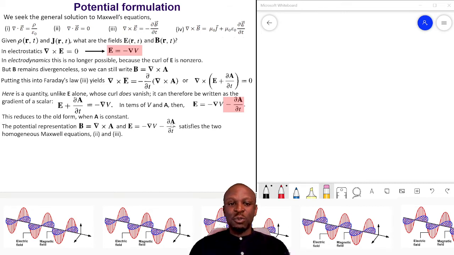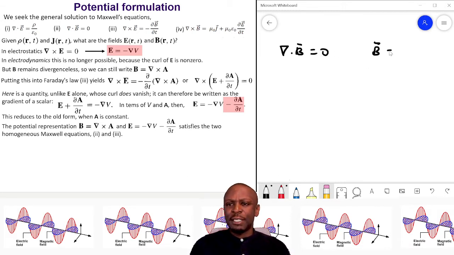Now we just want to see whether these two fields satisfy the homogeneous Maxwell equation number 1 and number 3. In this case, let me show you that this satisfies Maxwell equation number 2, and then you will also do the same for 3. In terms of 2, because this is a very simple one, I have the divergence of the magnetic field. The divergence of the magnetic field is equal to 0, but I know what B is.